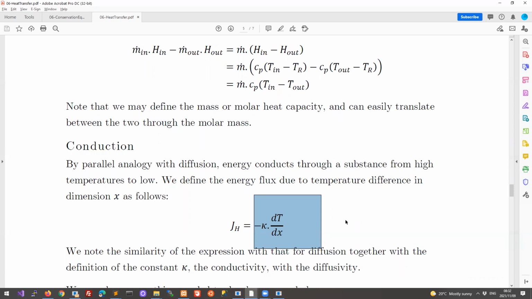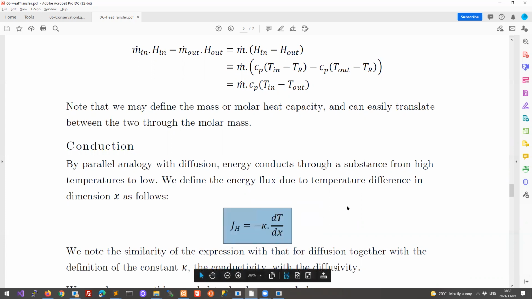Any type of molecule tends to diffuse from a high concentration to a low concentration, so you have a net flux from the high to the low concentration. Now we have the same concept in thermal energy. If there is a temperature difference between two points in the same material, then you will tend to have the energy moving from the high state to the low state.